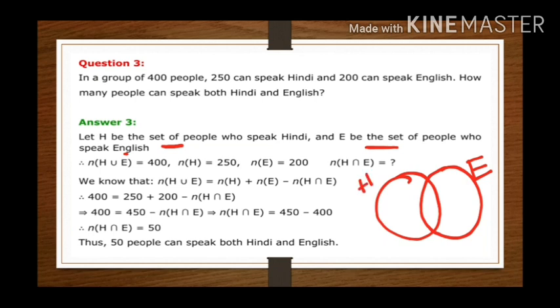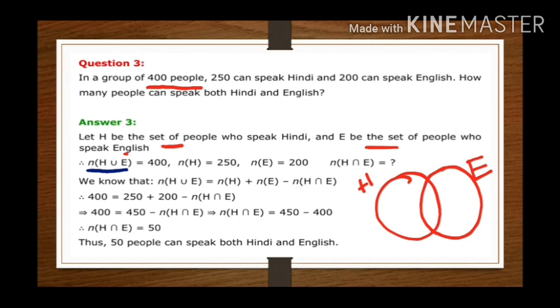Now, given that in a group of 400 people, the combination of these two sets is equal to 400, so cardinality of H union E is equal to 400.